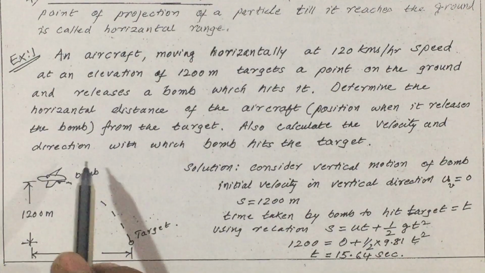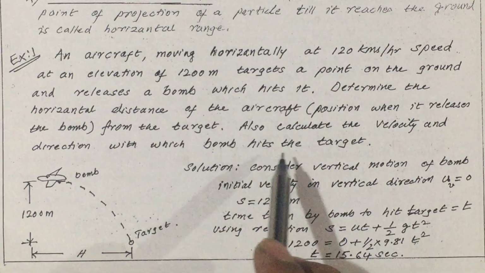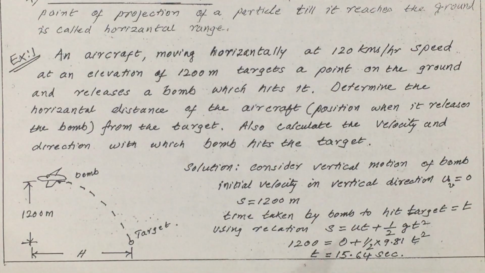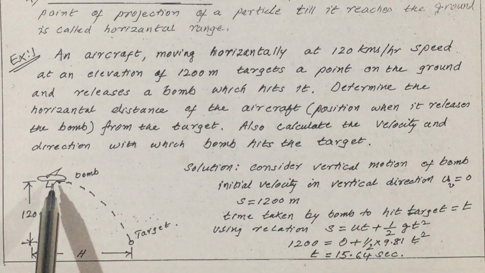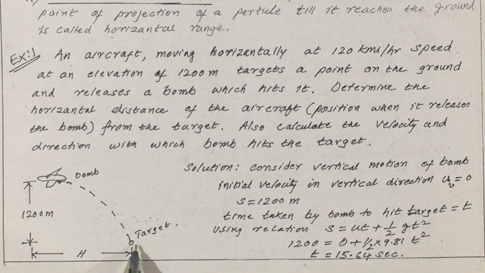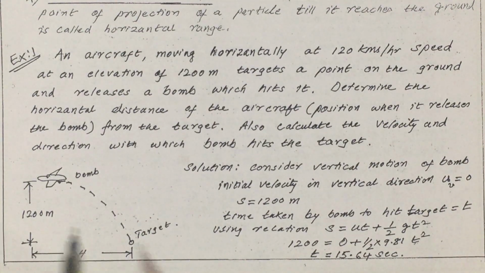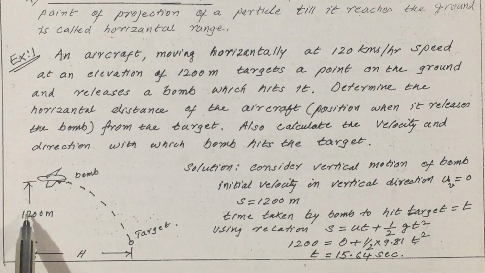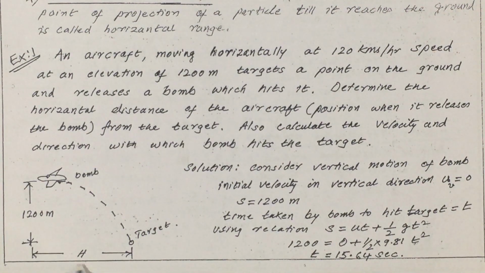Also calculate the velocity and direction with which the bomb hits the target. Nothing but from the aeroplane we are going to drop a bomb and it is going to hit the target. The vertical range is 1200 meter, horizontal range is h.